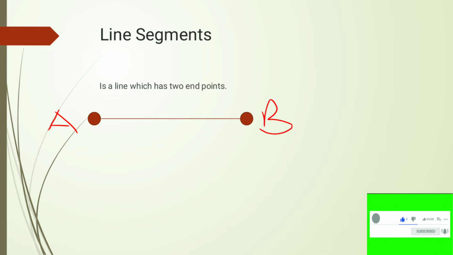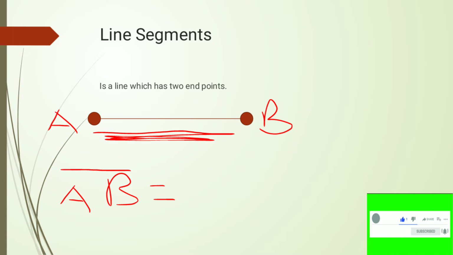So how to write it? We will give a line like this and write A, B below it, then equals. Now we are going to write this line segment's measurement which we have taken. Okay, so I assumed it as 4 centimeters and 5 millimeters.